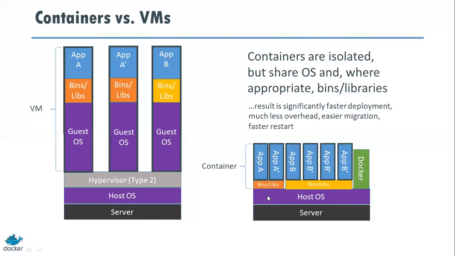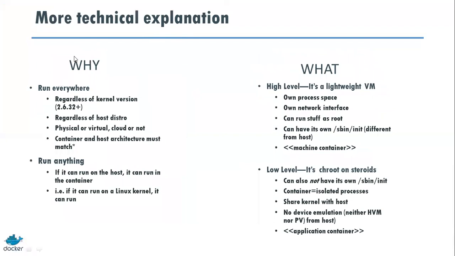So the memory requirement is very low in the case of containers, because the same memory location is being used, the same binaries and libraries are being used by all the containers, and still they are isolated from each other. Due to these design choices, containers have been very lightweight in terms of resources.